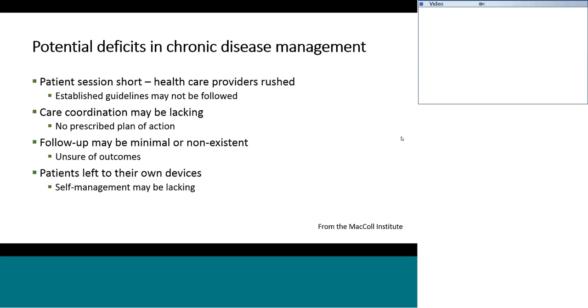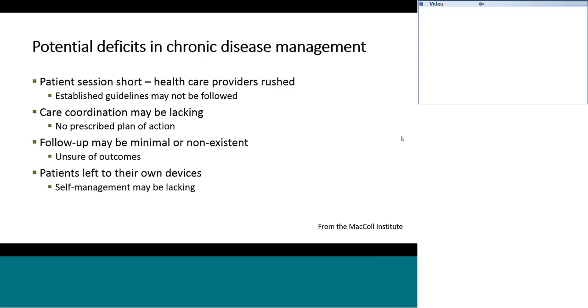That follows with care coordination that might be lacking, and if there's a lack of care coordination, then there may be no prescribed plan of action, or a plan of action that is then followed up on. And so follow-up with a plan may be minimal or non-existent, and without the follow-up, it's unlikely that you can ensure the best outcomes for the patient.